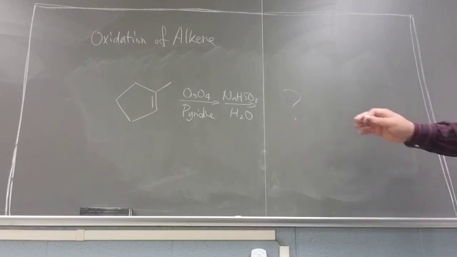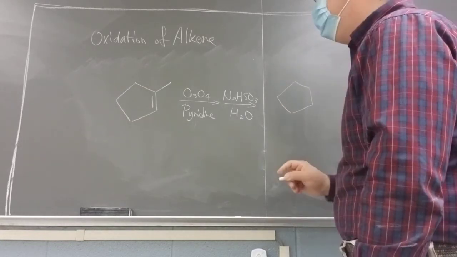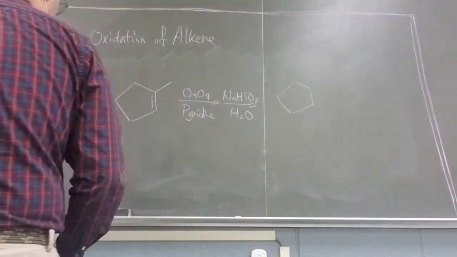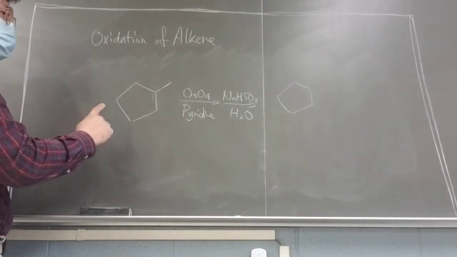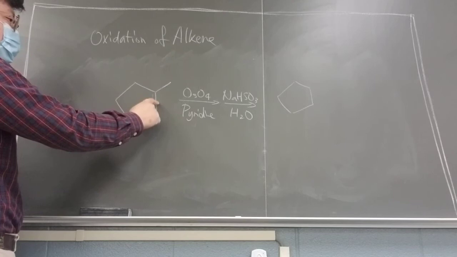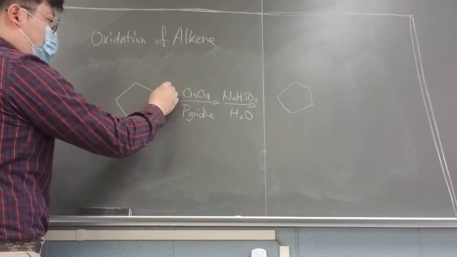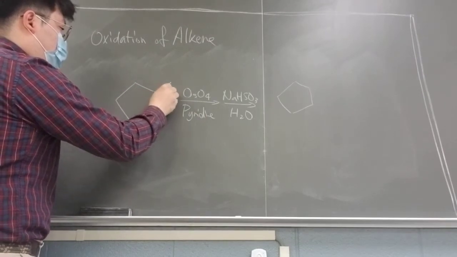Okay, so you can try to draw it. The trick here again is you remove the double bond over here, and then put the hydroxy groups on these two carbons where you had the double bond, on the same side. So I'm going to add the hydroxy groups on the same side.